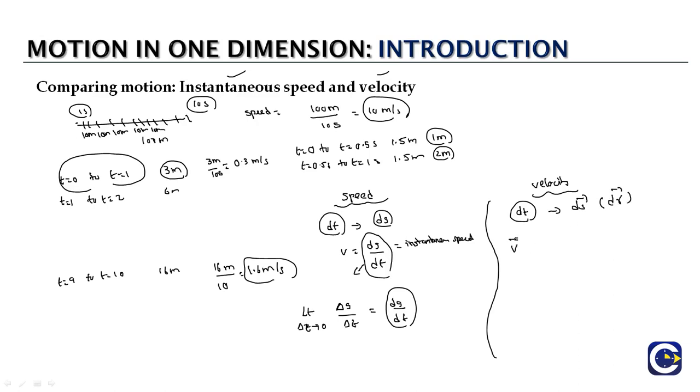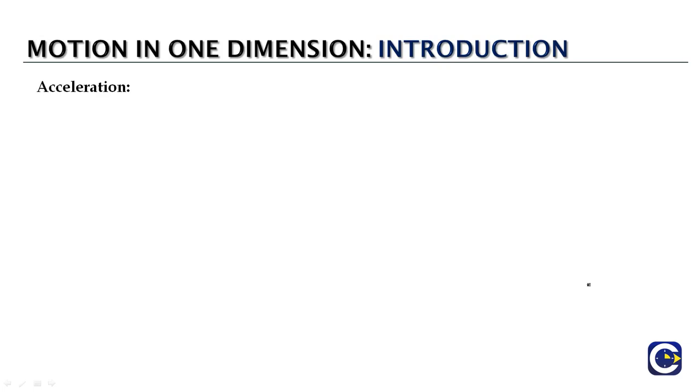If you take the ratio, or the division, of the small displacement by the time interval, which we can also write as the small change in the position vector by the time interval, this will give us the instantaneous velocity. In the same way, we will be able to find this value by using the differentiation method or by using the graphical method. So these are the two parameters which we call the instantaneous parameters.